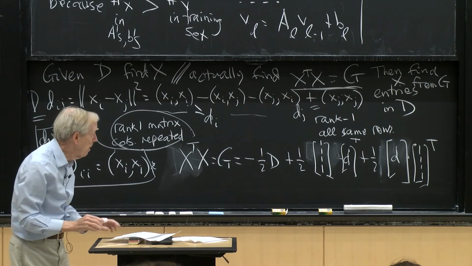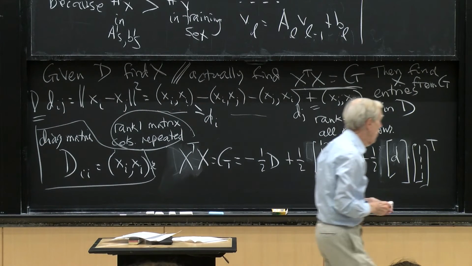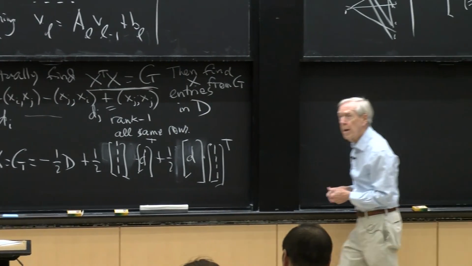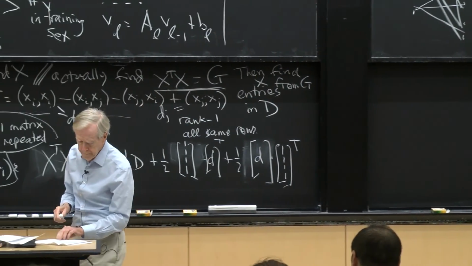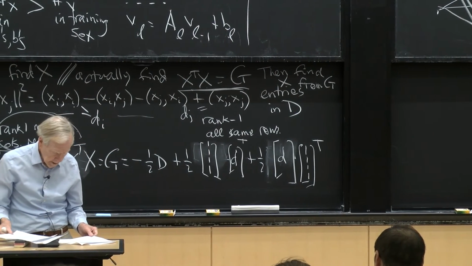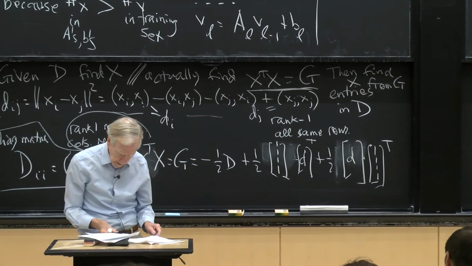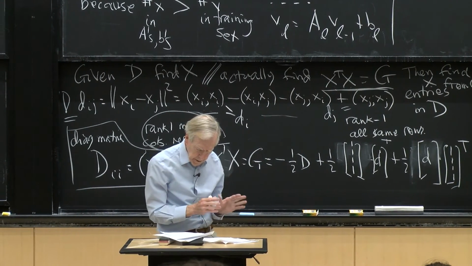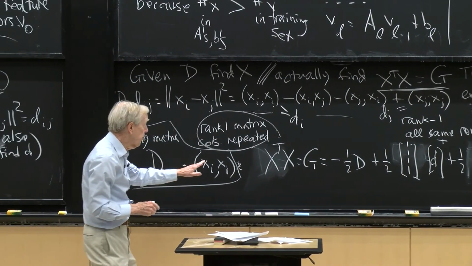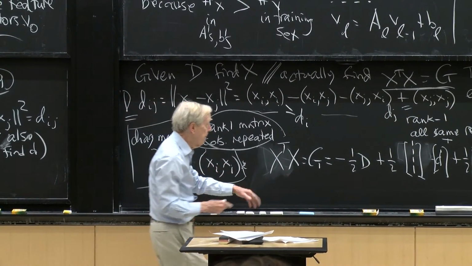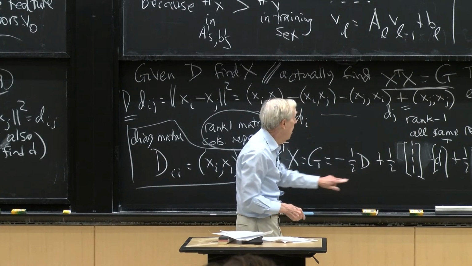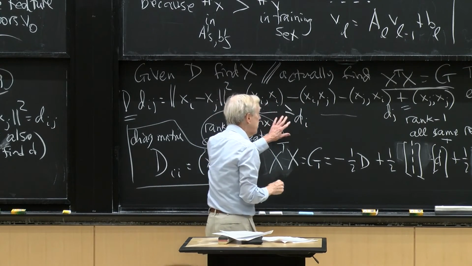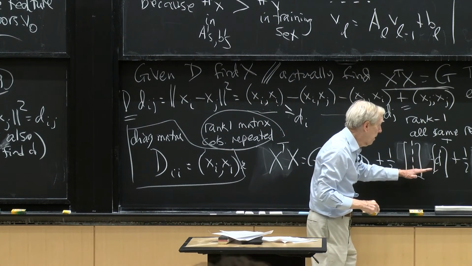So let me, while you're checking on that, look again at this. Let's just see where we are, if this is true. If this is true, I'm given the D matrix, and then these dot products I can find.